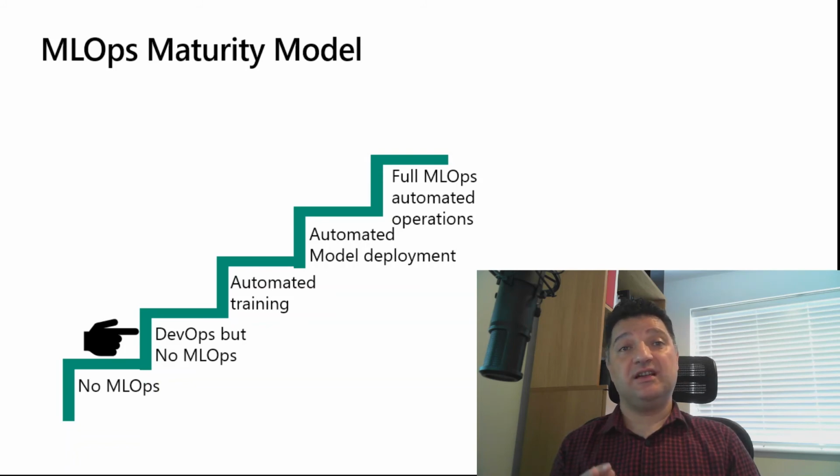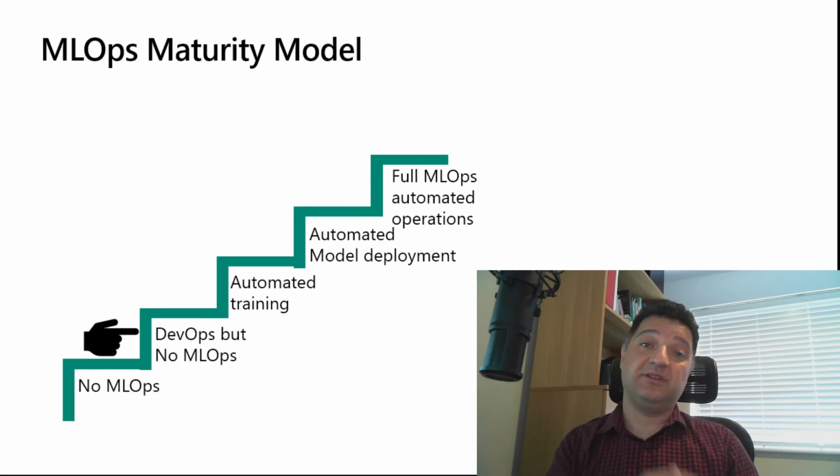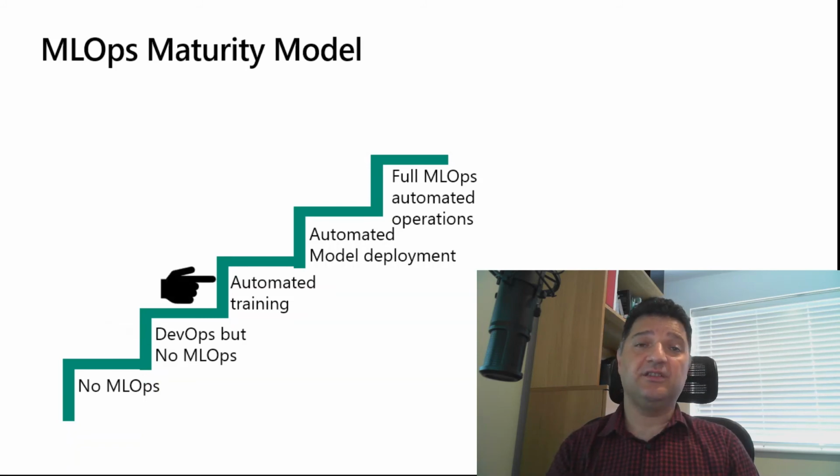And you still have limited or no feedback on how well a model performs in production. And it's difficult to trace and reproduce results. On the plus side, you have automated builds and automated tests for the application code. In the next step, an automated training environment is fully managed and traceable. It's easy to reproduce a model.